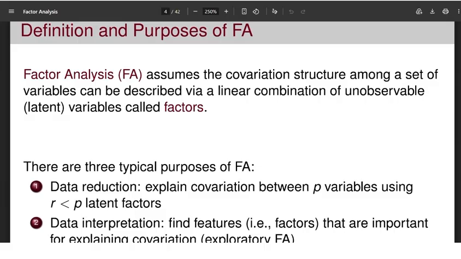We didn't observe them. They were actually hidden, but through factor analysis, we uncover them. So they are the underlying reason why correlation exists among variables in the first place.